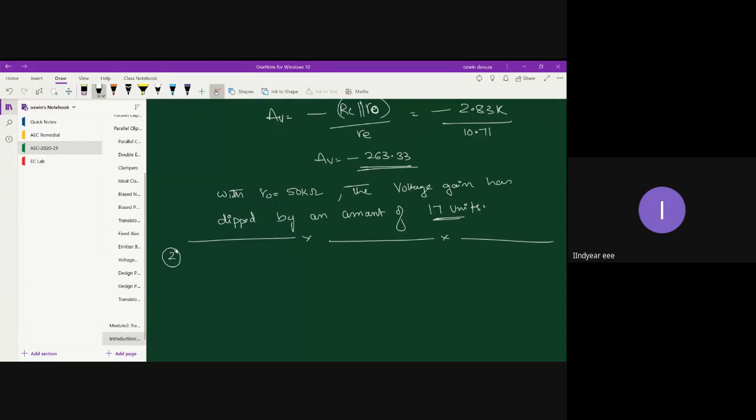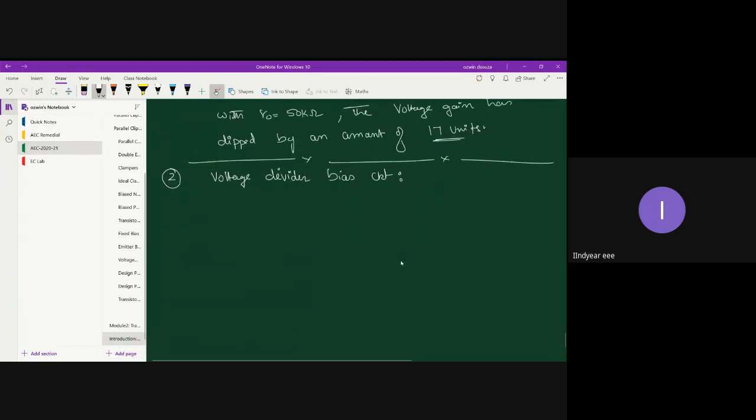Next task is your voltage divider bias circuit. I will draw the circuit and ask you to propose the RE model for the same.